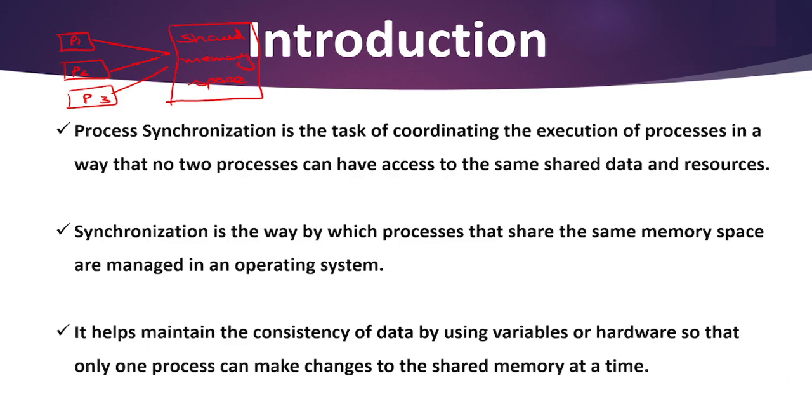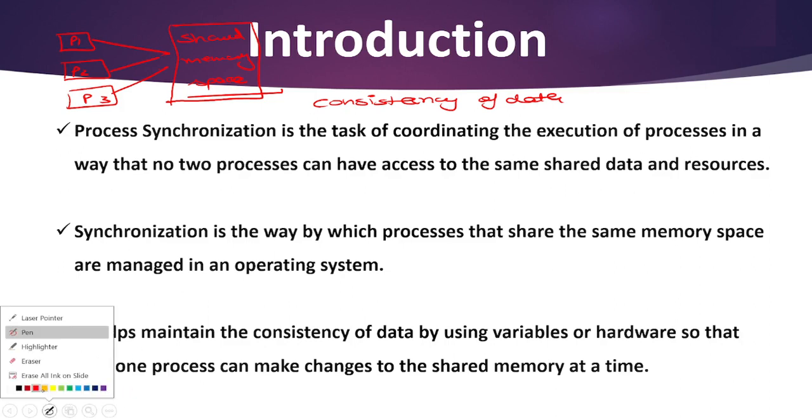Also, it helps us to maintain the consistency of the data that we have already stored in the shared memory by using variables or hardware, so that only one process can make changes to the shared memory at a time. Let's take an example to understand this concept.